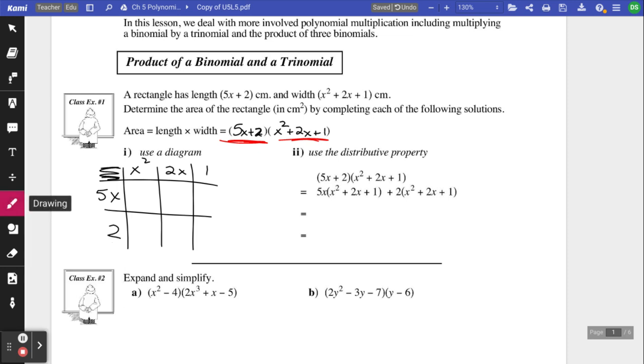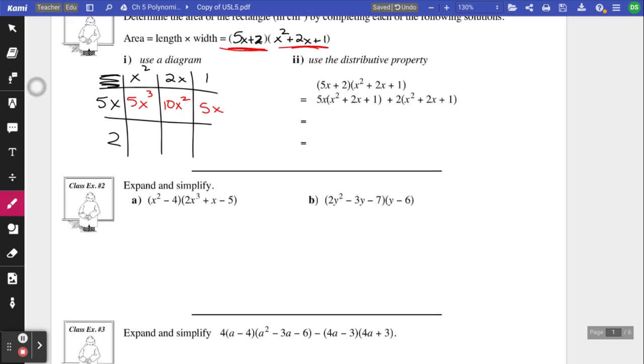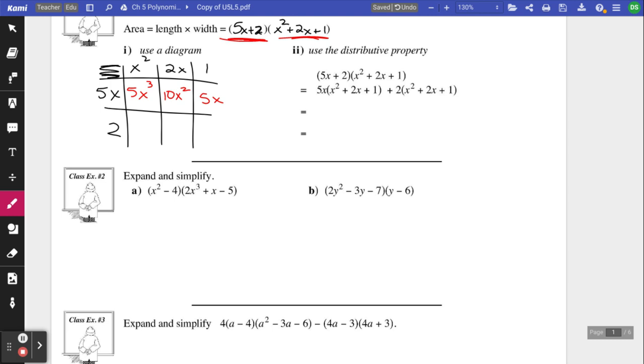Okay, so we've got something right here: 5x cubed, 10x squared, and 5x. It just goes really fast. I'm multiplying the 5x by all of those terms up at the top. And then I'll do the 2 times all of those things up there. 2 times x squared, 2 times 2x, 2 times 1.